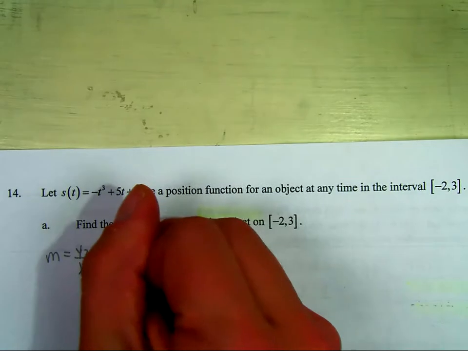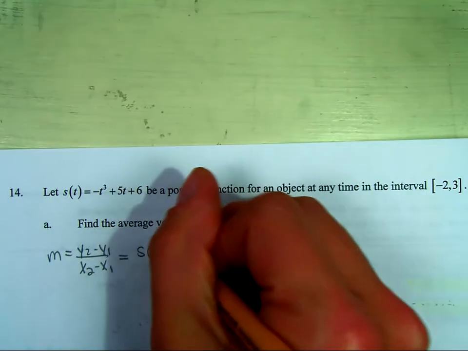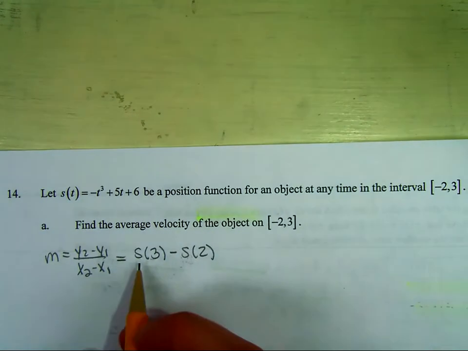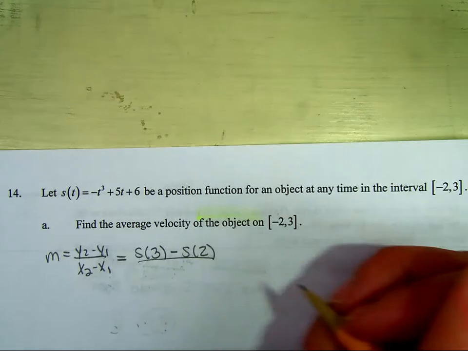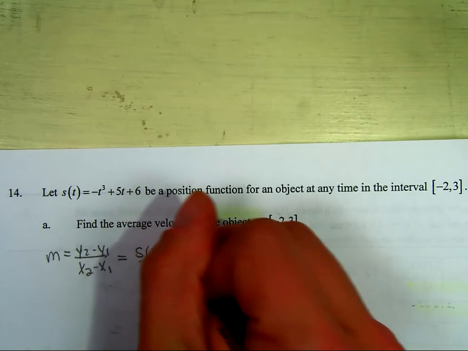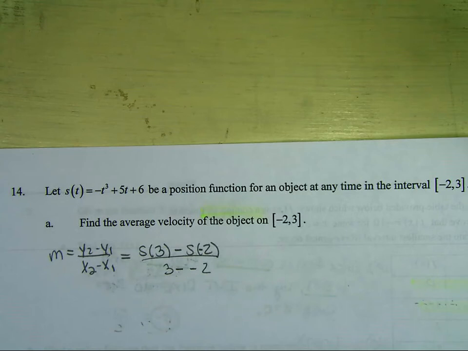Another way to write it: we plug in s of 3 and subtract s of -2, all over 3 minus -2. Oh wait, that was a -2, I'm sorry. So we need to plug those values in.